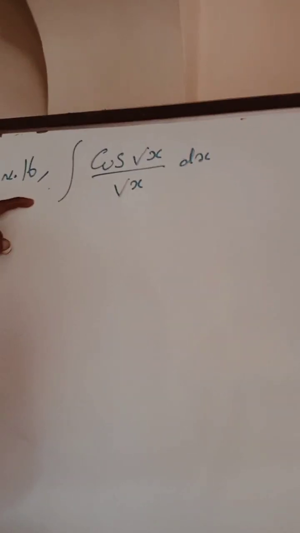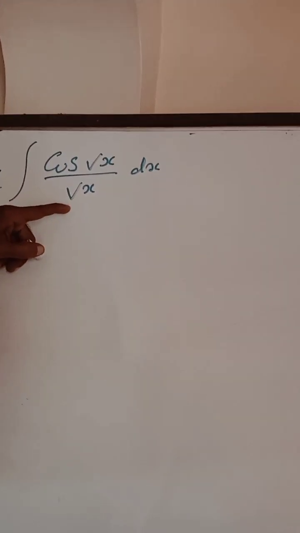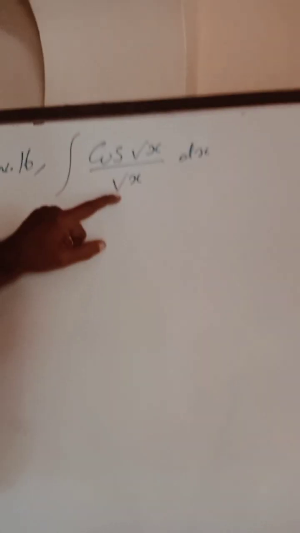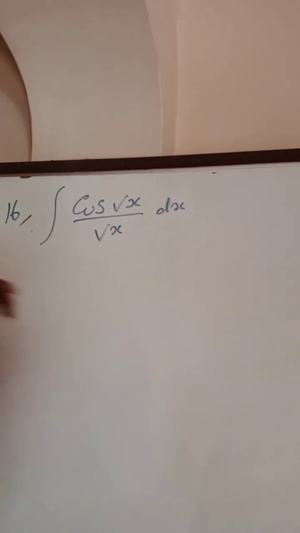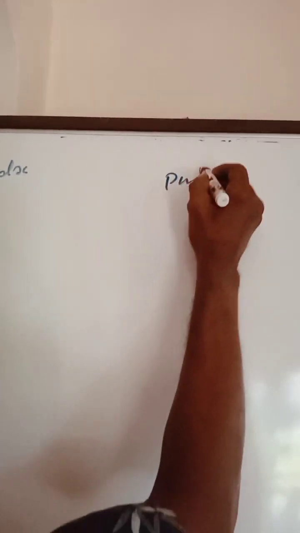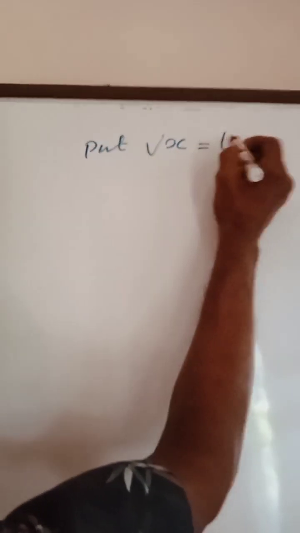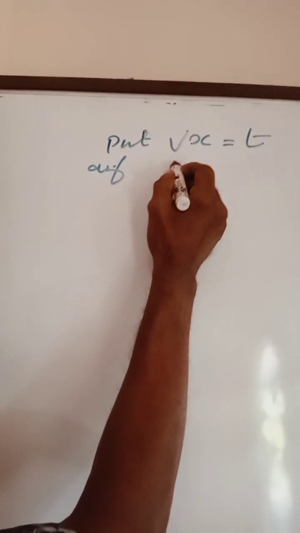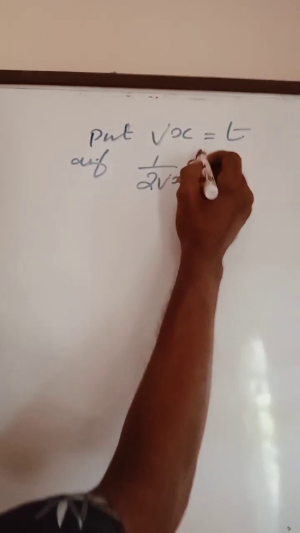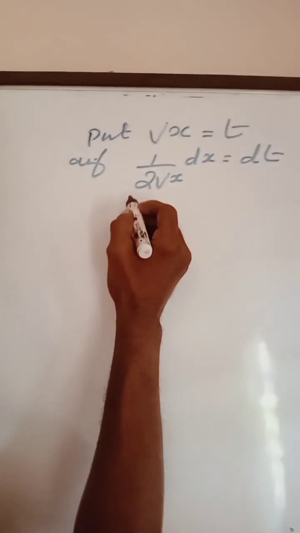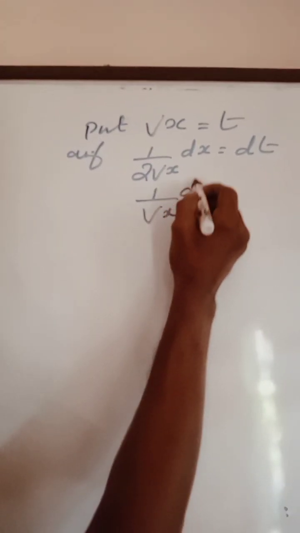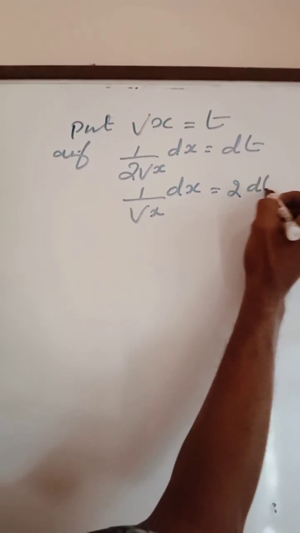Question number 16. Integration of cos root x by root x. While going through this question, we can see that d by dx of root x is equal to 1 by 2 root x. So we can integrate this by substitution. Put root x is equal to t, differentiate: 1 by 2 root x dx is equal to dt, so 1 by root x dx is equal to 2 dt.